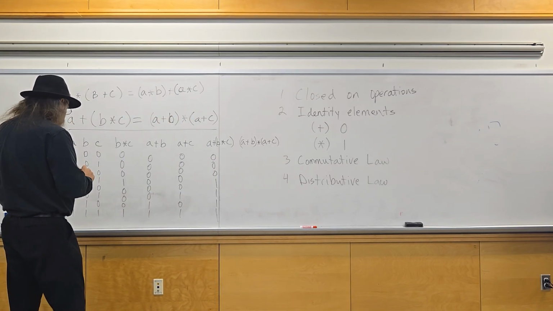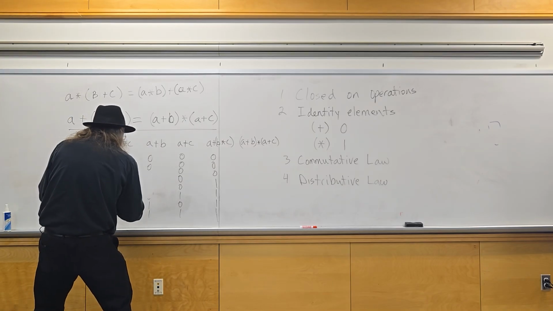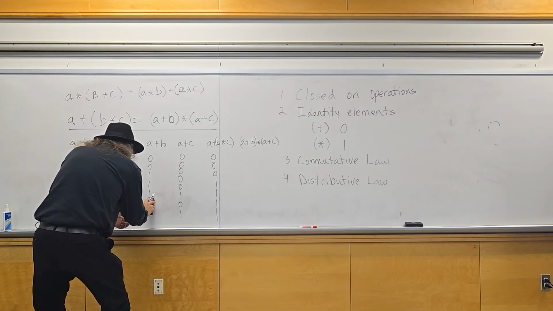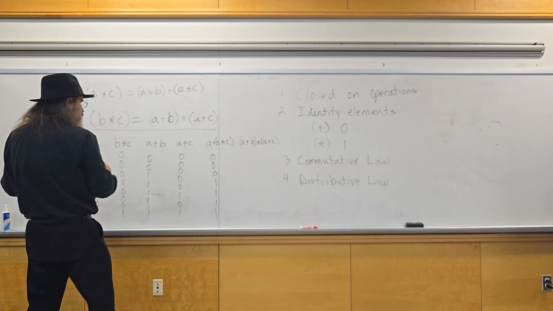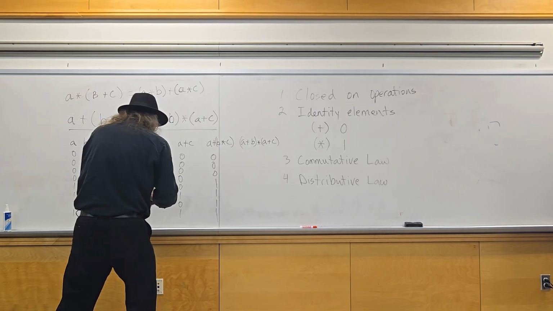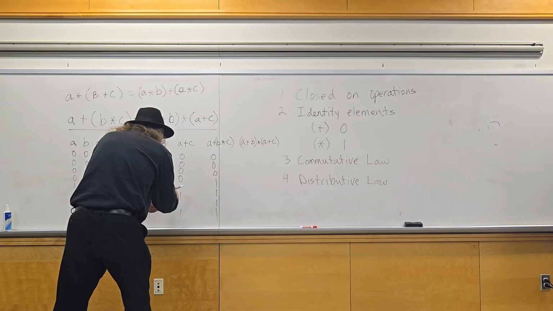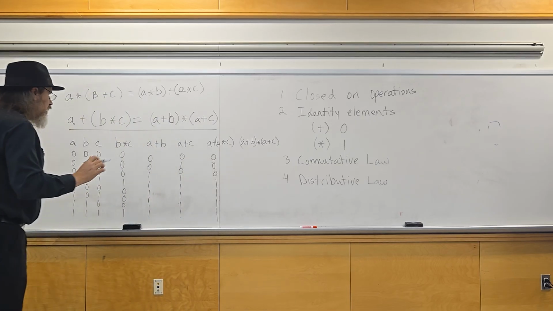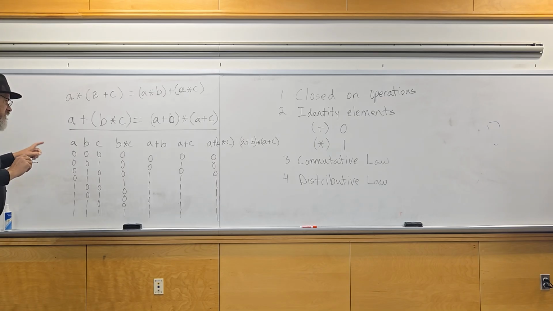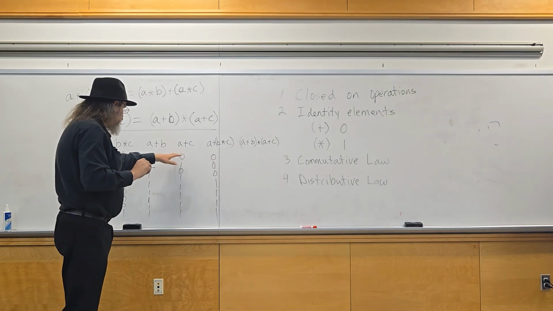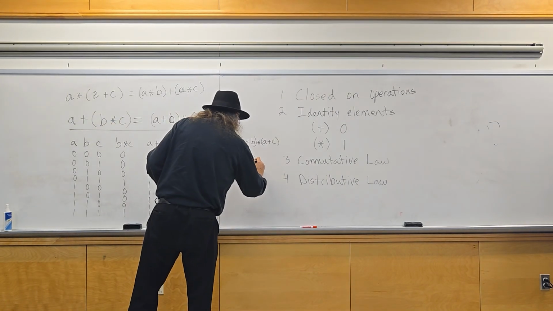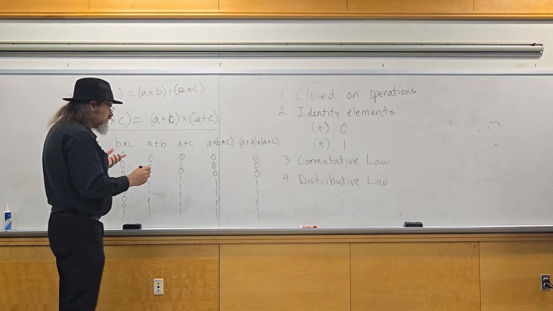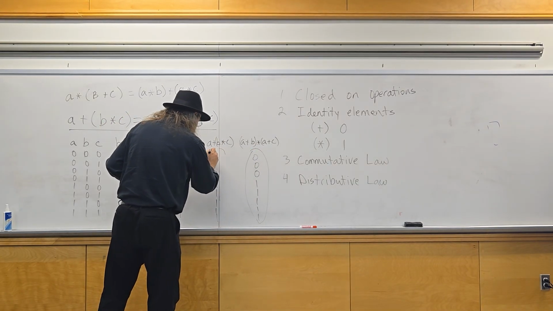So A plus B is going to be 1, 1, 1, and 1, and 1. And A plus C is going to be 1, 1, 1, 1, and 1. All right, got it. Now the AND of these two columns will yield 0, 0, 0, 1, 1, 1, 1, 1, which is equivalent to these two here.